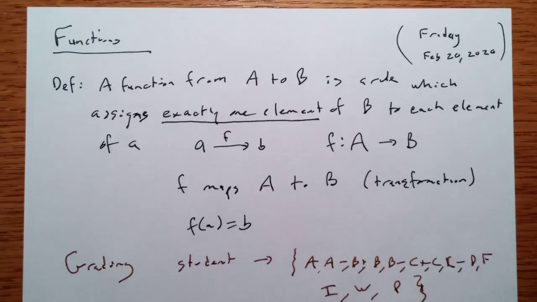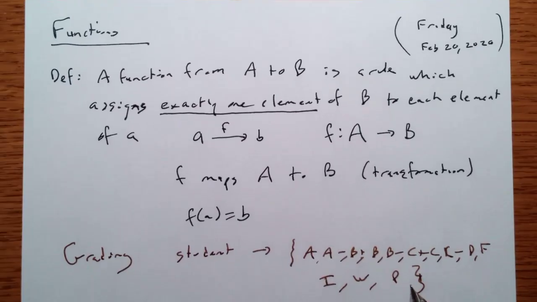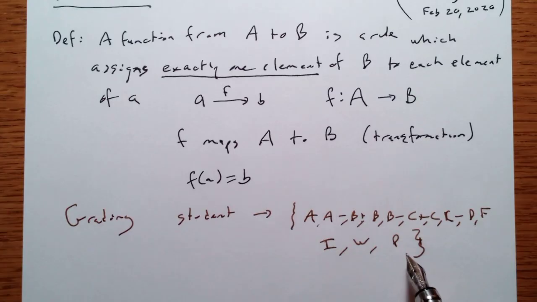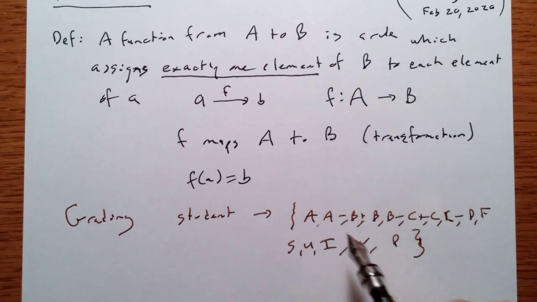Standard letter grades, an incomplete, a withdrawal. Some courses can be taken pass fail. Oh, right, there's satisfactory and unsatisfactory in some of those cases. But you pick a student in a particular class, you get to assign a grade. Each student only gets one grade. Joey isn't going to get an A and a C plus in my course. He's only going to get one grade.